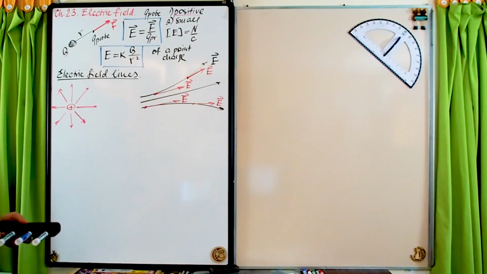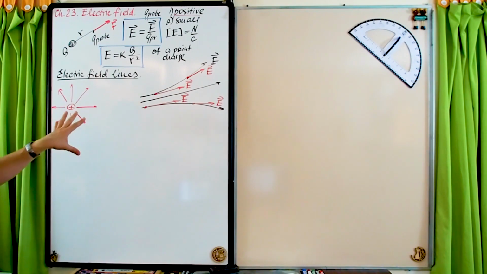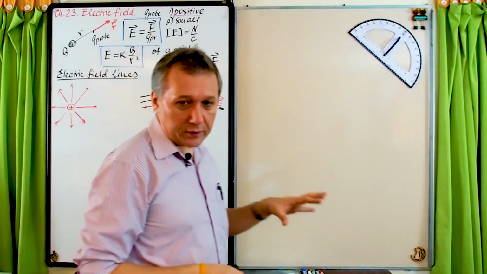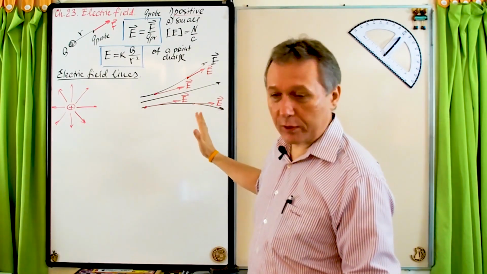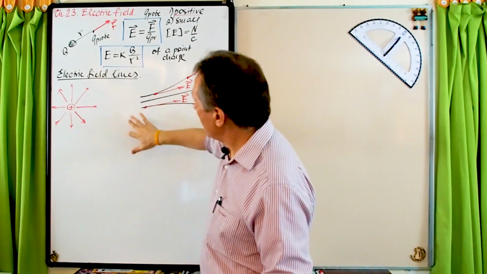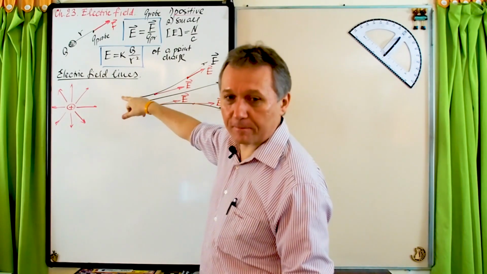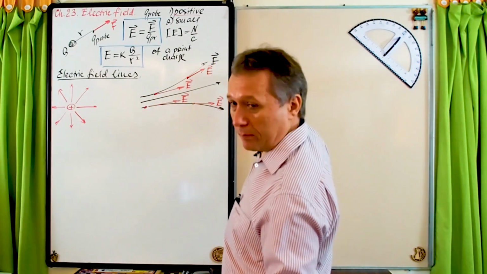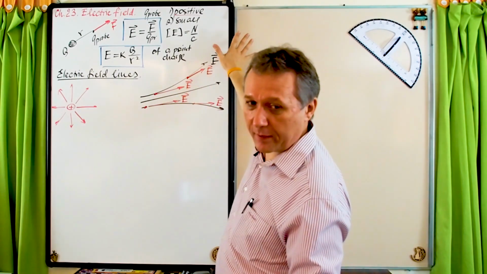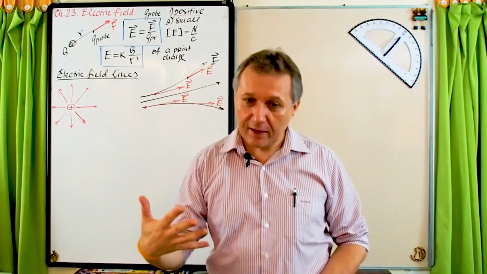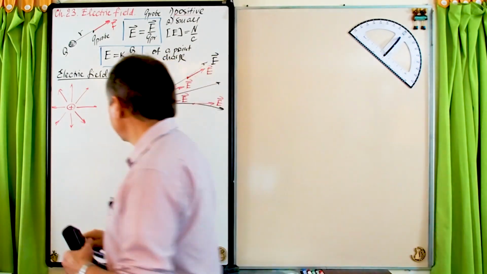So the electric field lines, all the time, start on positive charges. If we look at these electric field lines, it means that somewhere over here there are a bunch of positive charges, and somewhere over here a bunch of negative charges, because you see electric field lines go that way, and remember they end on negative charges all the time.